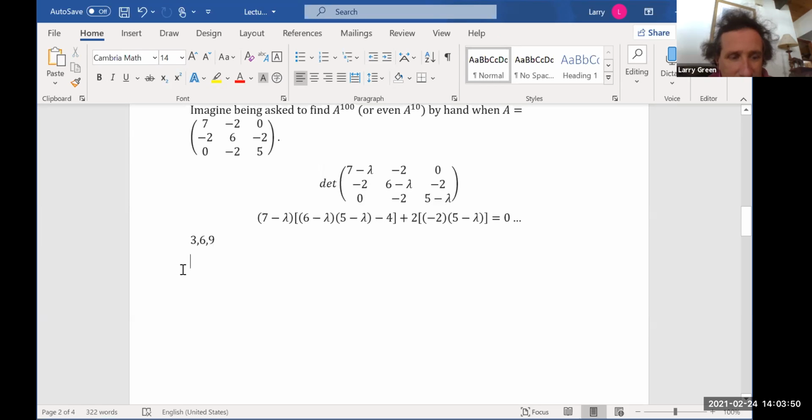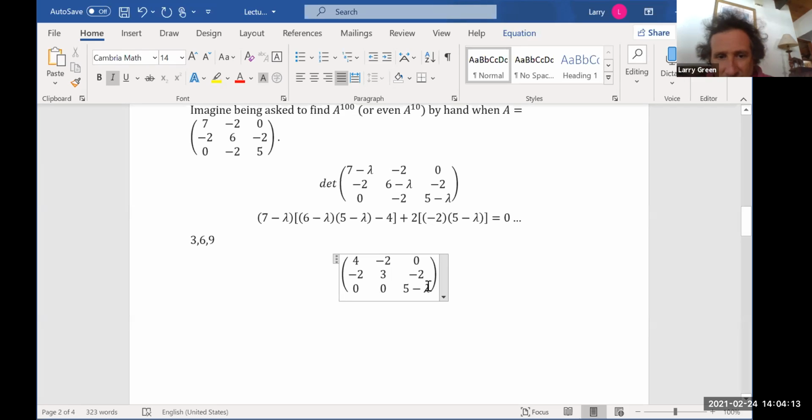And now we're going to plug the first one in. How about 3? 7 minus 3 is 4. 6 minus 3 is 3. Immediately, these are not multiples of each other. So that means the bottom row just becomes 0 when you are in REF. Any questions on that?